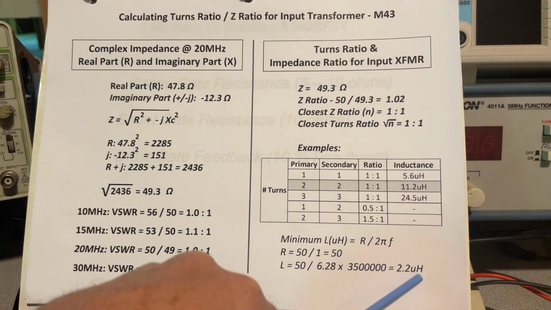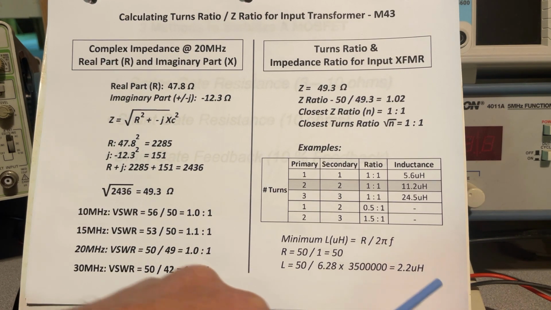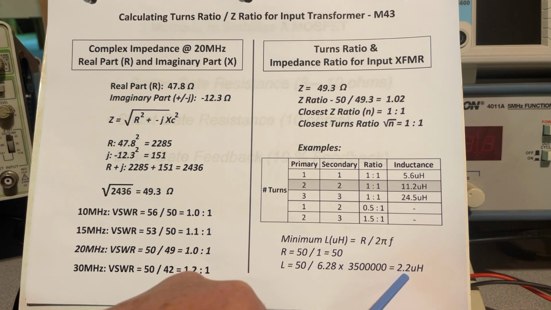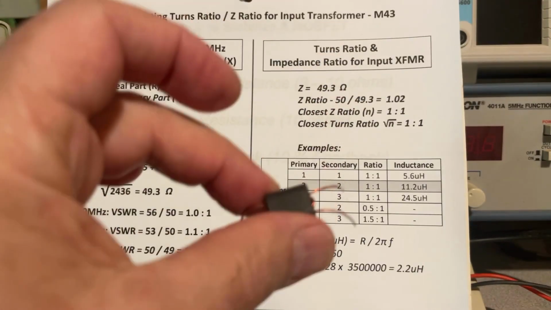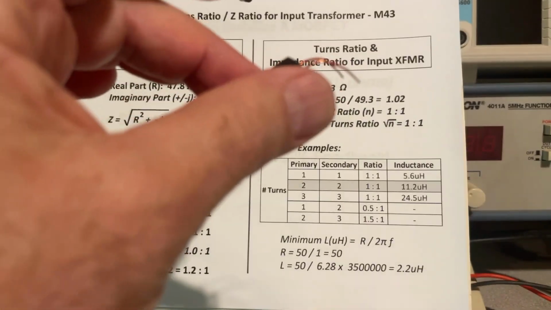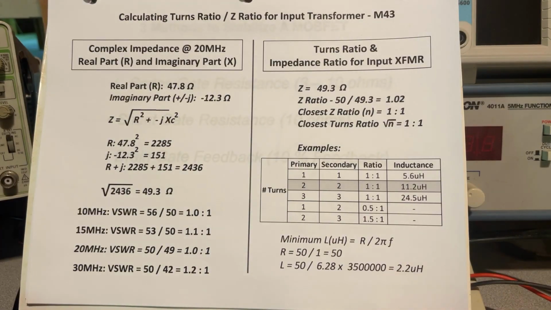And you can see the minimum inductance for the primary side of this transformer should be 2.2 microhenries. But again, in this kind of construction where we have a primary and secondary winding, we're not really concerned. The other type of RF transformers that we're all familiar with would use brass tubing and end plates for the primary or secondary side. And there, it's a little more critical that you meet the minimum inductance requirements.